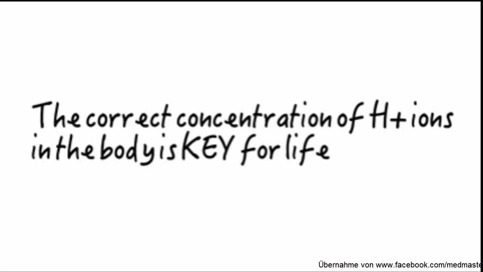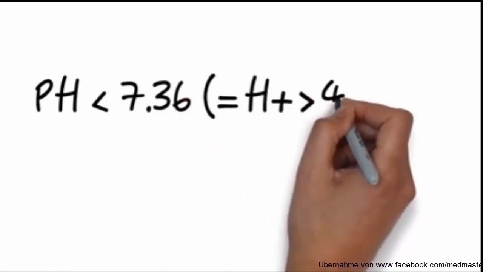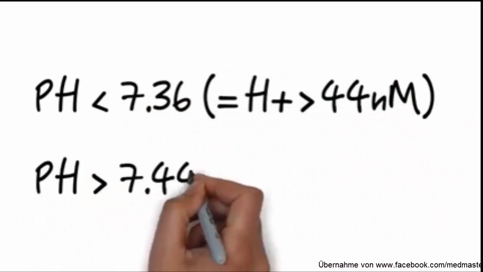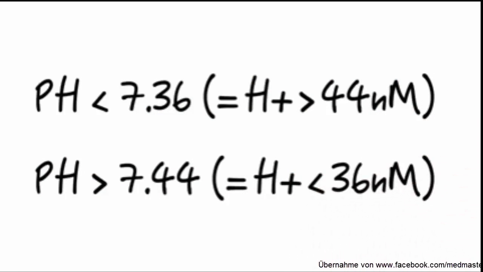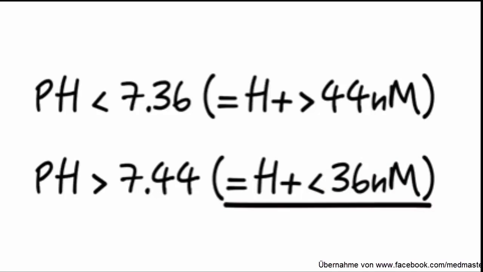The correct concentration of hydrogen ions in the body is key for life, and it's regulated in a very narrow range. And that range is between 44 and 36 nanomoles per liter. So if the concentration of hydrogen ions is below 36 nanomolar, then the pH will rise above 7.44.